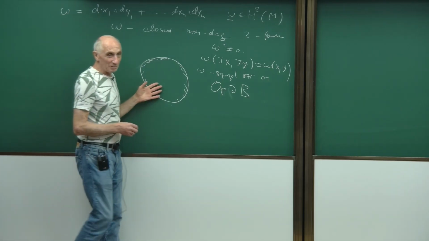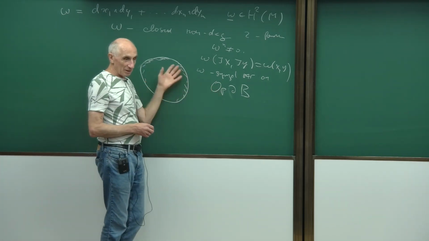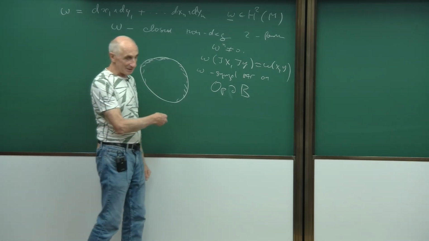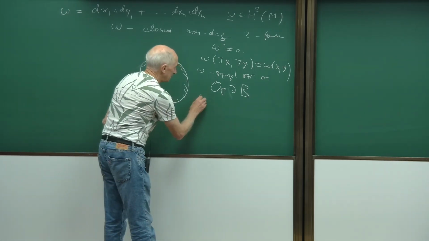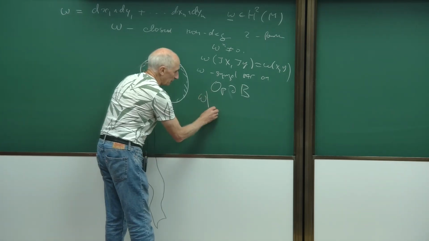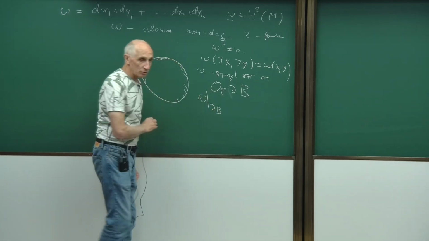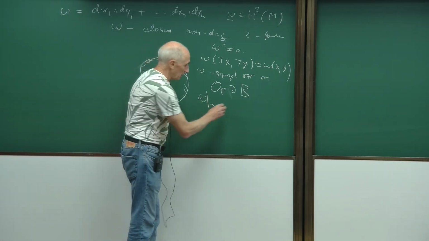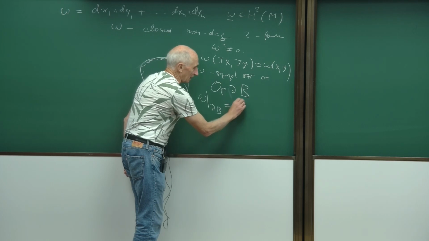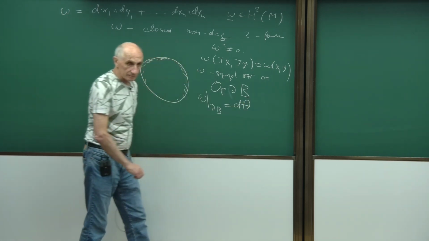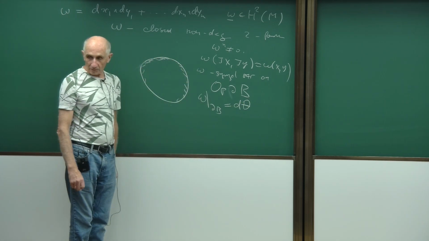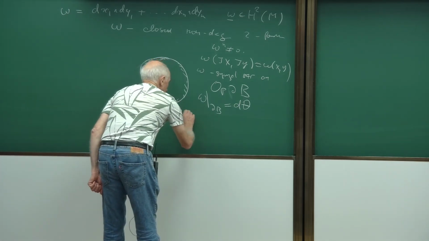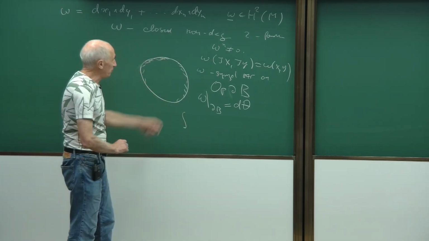So in dimension 2 it's true, but beginning from dimension 4 you have the following constraint. If you consider omega restricted to the neighborhood of the boundary, then because the boundary is simply connected, omega is exact. And because it's exact, you can write Stokes' theorem. Suppose you could extend.